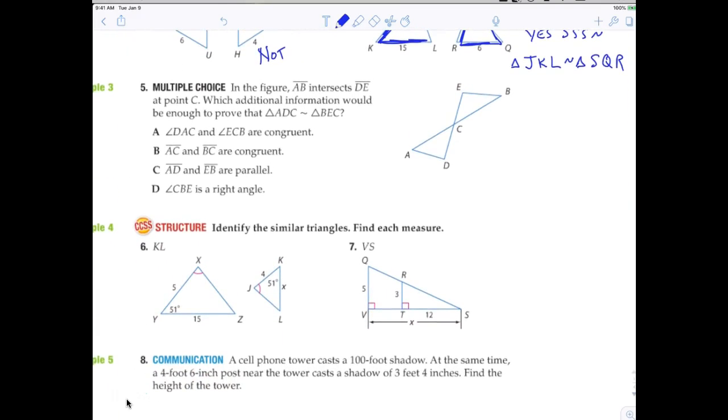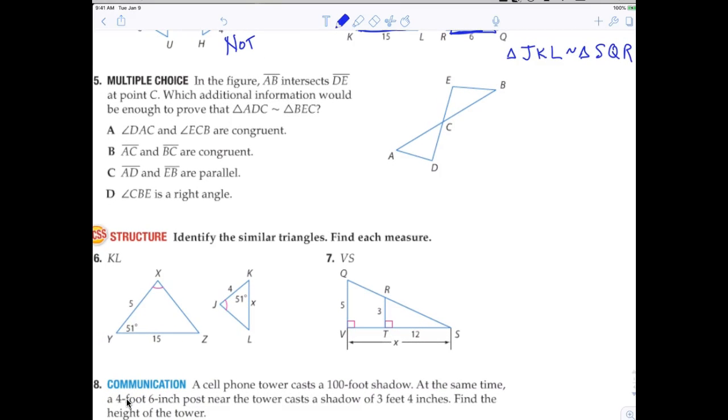All right, let's see about number 5. In the figure, AB intersects DE at point C. Which additional information would be enough to prove that the triangles are similar? So what do we know already?